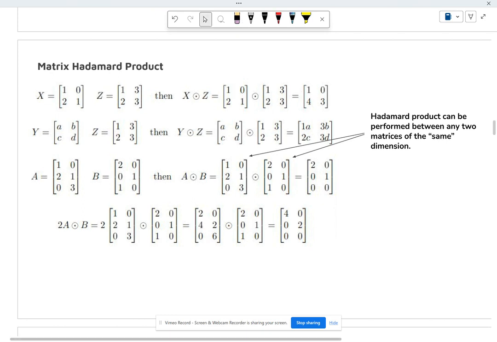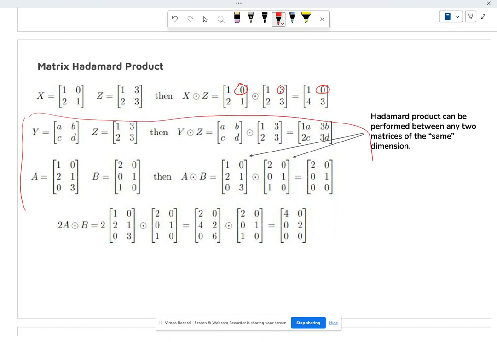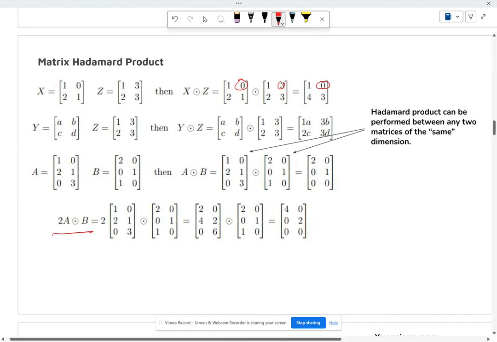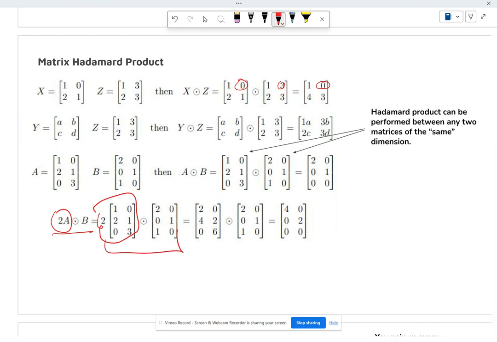And then you take the bottom one and multiply them. And then you take the next one and multiply them. You can look through all these examples. They're all exactly the same idea. Like over here, we have 2 times A. So 2 is going to multiply by this. And then you're going to do the Hadamard product.